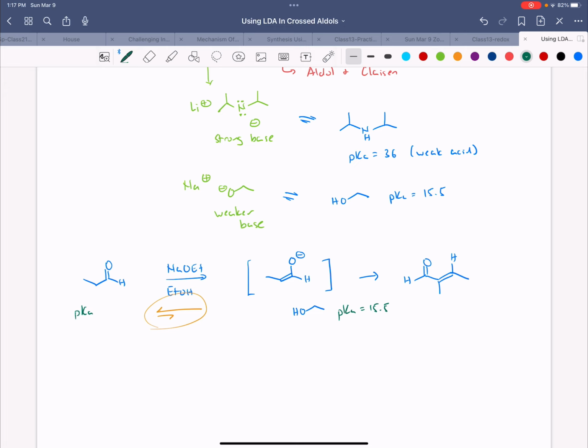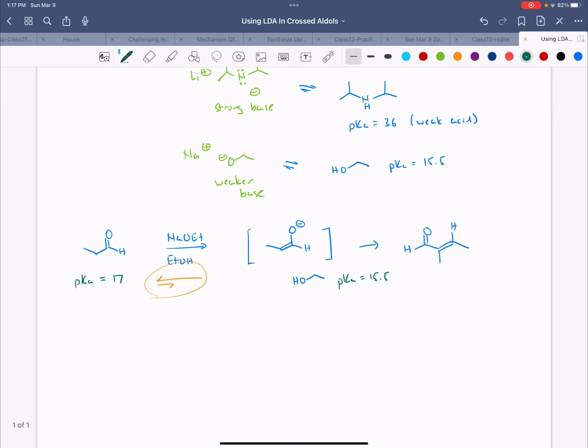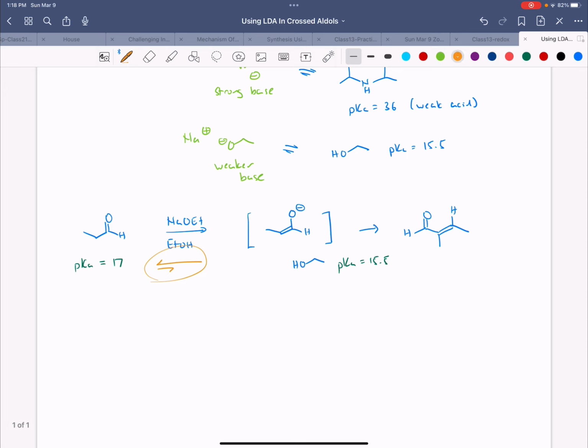So yeah, it's slightly less acidic. So it does favor the left. Okay, and you establish this equilibrium. That's the important part for the aldol and Claisen, that especially if you're doing a self-aldol, you need some of it, in this case the majority of it, as the non-enolate.